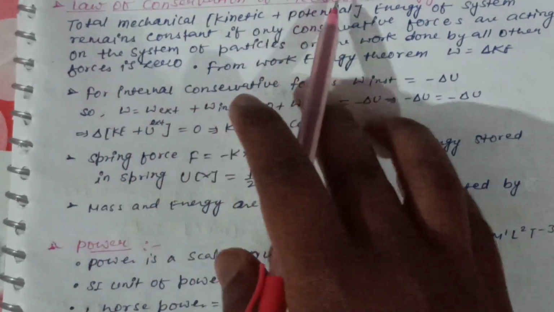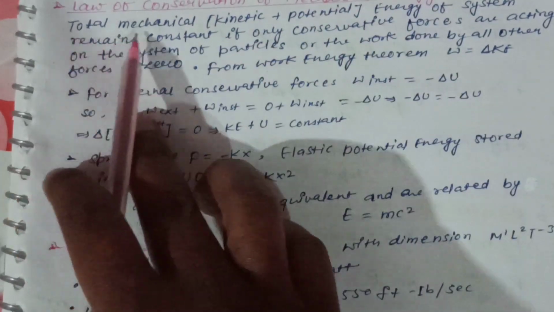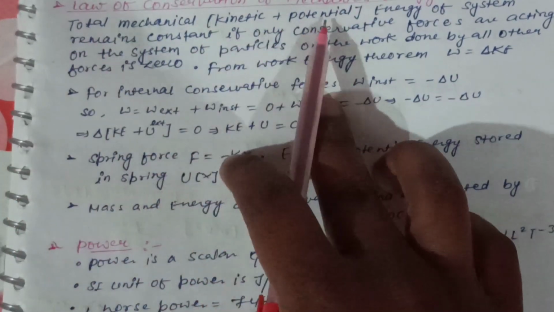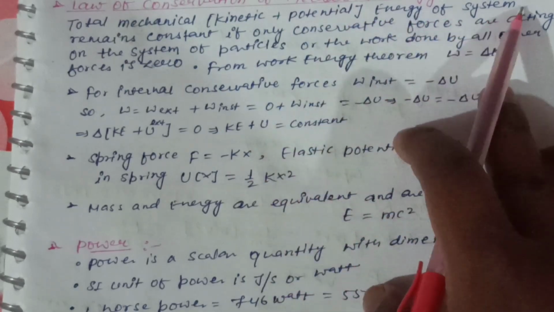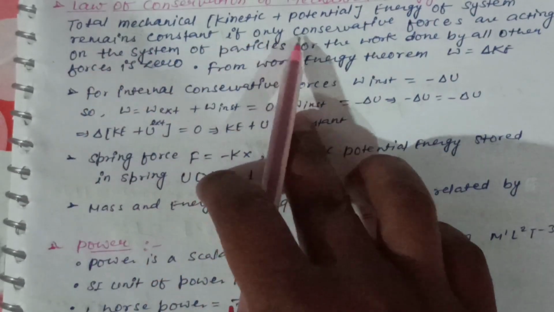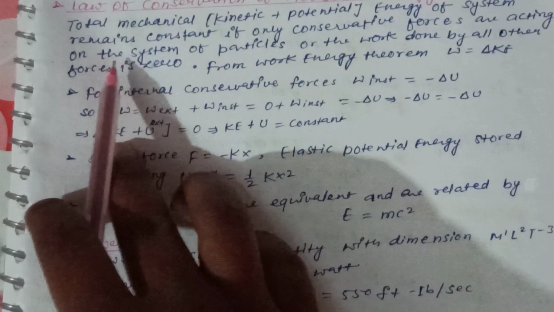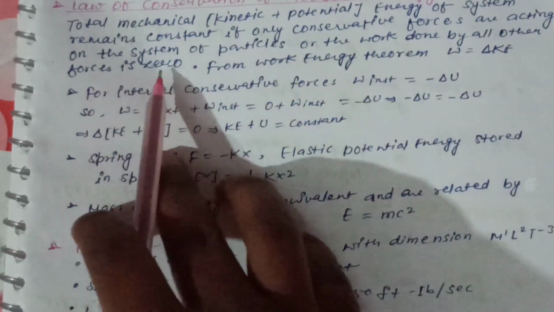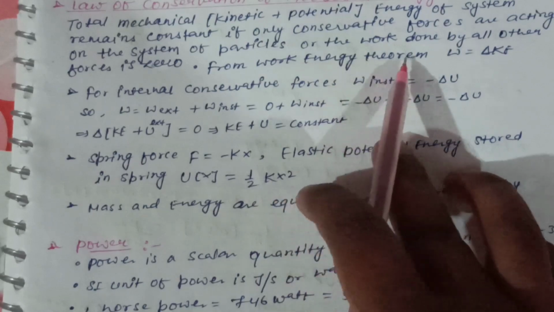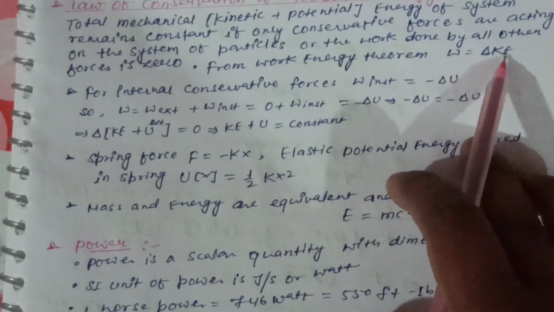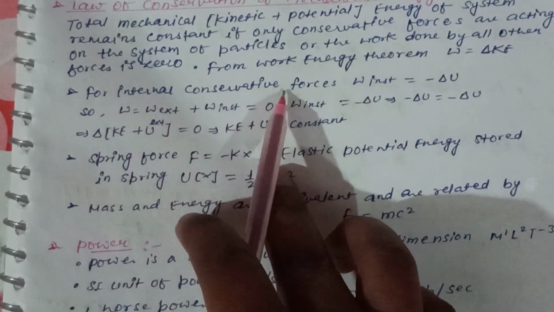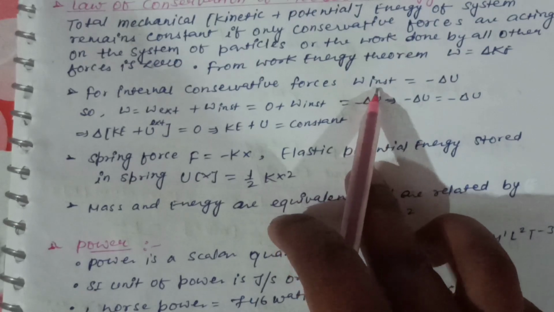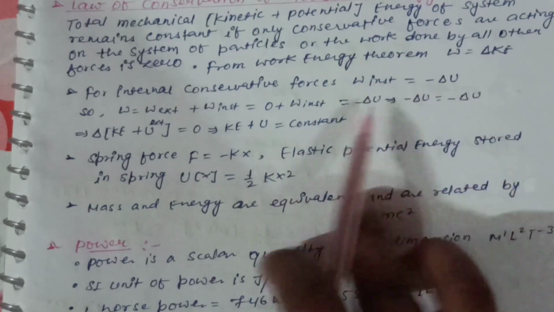Law of conservation of mechanical energy. The total mechanical energy, kinetic plus potential, of the system remains constant if only conservative forces are acting on the system of particles, or the work done by all the other forces is zero. From the work-energy theorem, W = ΔKE. For an internal conservative force, W_internal = -ΔU.